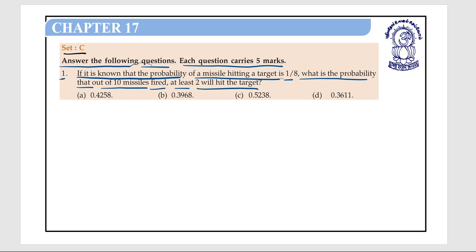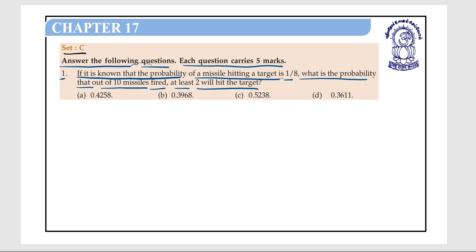At least 2. Maximum any number, 3, 4, 5.